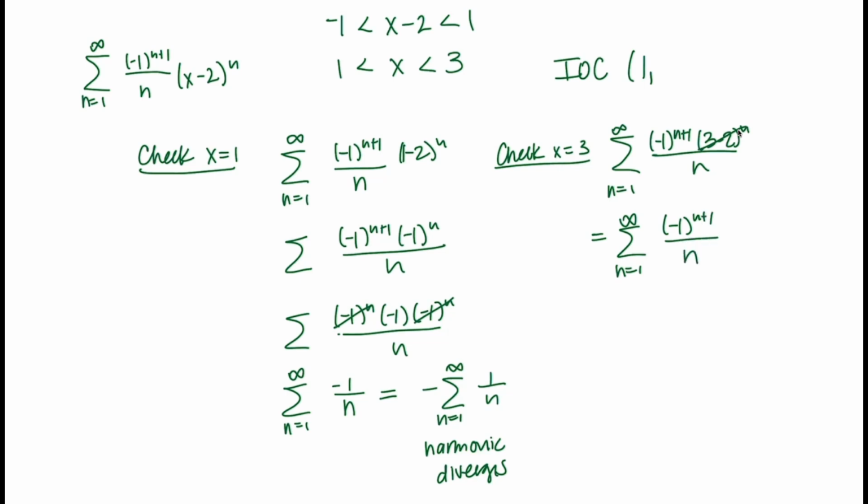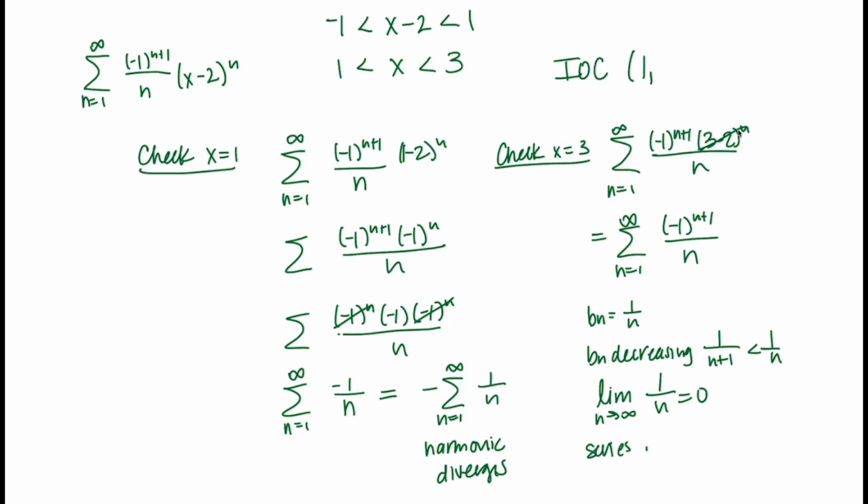And this is the alternating harmonic series, which we know is going to converge. So we know that b sub n is 1 over n. b sub n is decreasing, and we can clearly see that because 1 over n plus 1 is less than 1 over n. And the limit as n approaches infinity of 1 over n equals 0. So what we know is this series converges by the alternating series test.